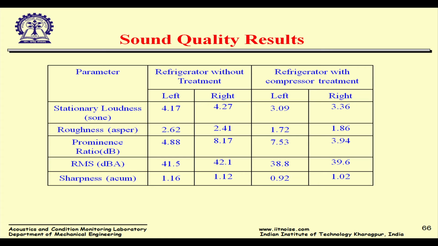But with any noise control measures which you put in a refrigerator, the primary function of a refrigerator is to keep your food cool. Whatever NVH treatment we do, if we screw up the thermal functioning, nobody would like to buy that refrigerator. So the end client was very careful that we do not disturb their thermal performance.